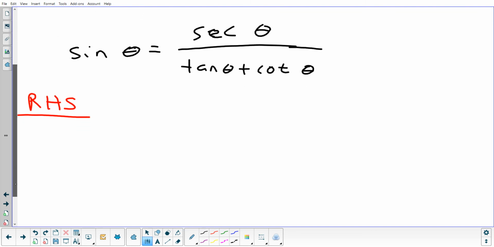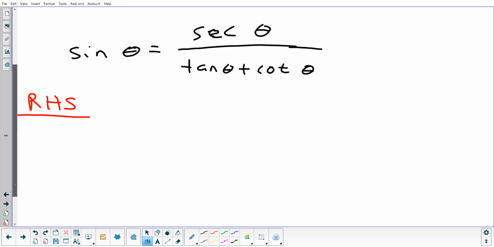All right, so I'll ask you guys this time. Anybody have a thought what I try first here? Yep. Convert tangent and cotangent to sine and cosine. Yeah, I would even convert the entire right-hand side all into sines and cosines.